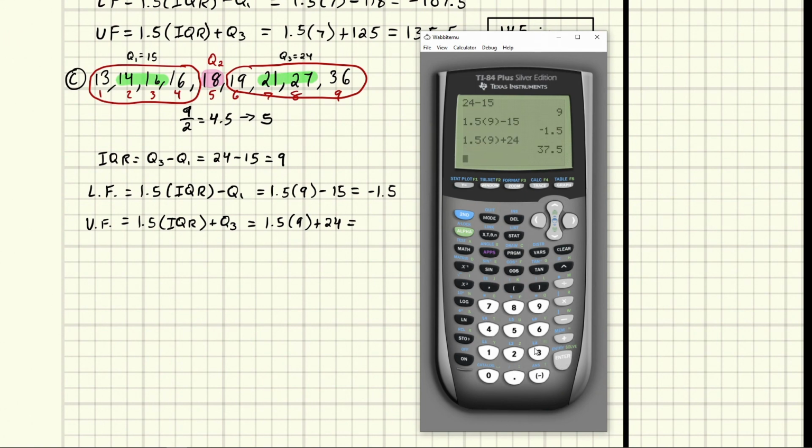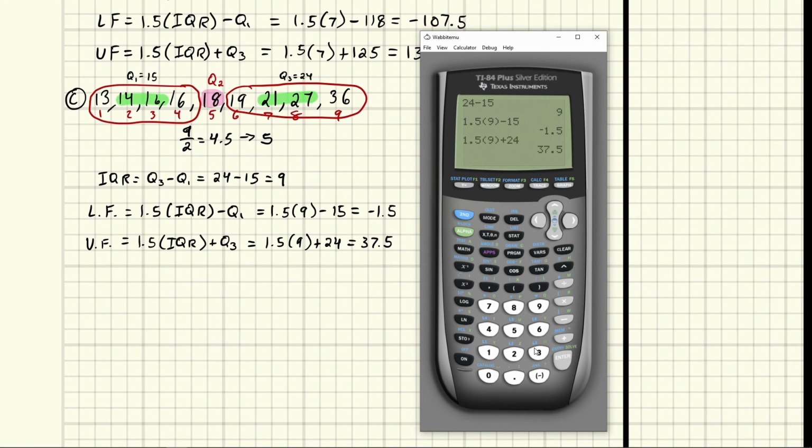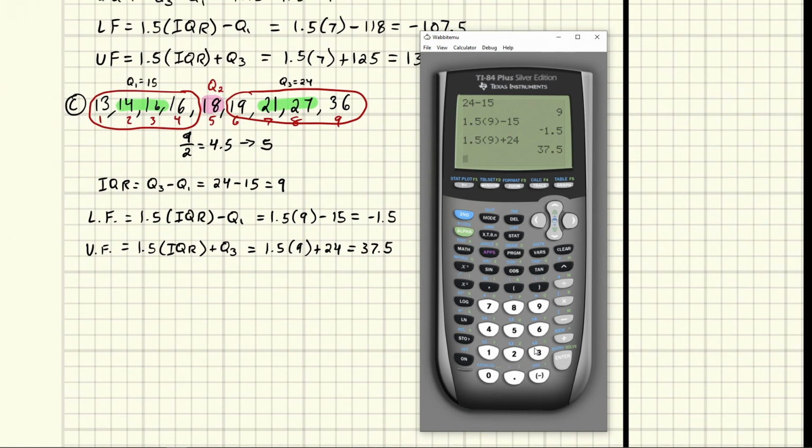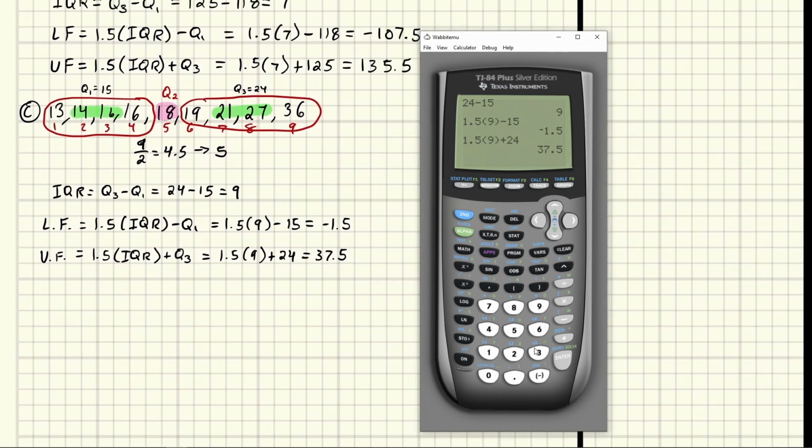We get 37.5. So it looks like the 36 is just barely in range of the 37.5, and there's no negative values. There's nothing close to negative 1.5. So we say, therefore, no outliers.